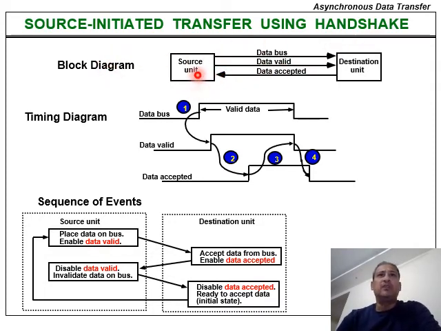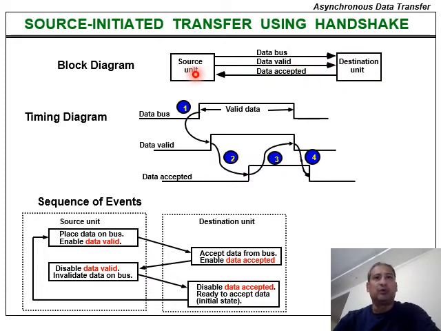You can see we have the source unit and the destination unit. The data bus is still traveling from the source unit to the destination unit. Now, instead of the strobe, we have a data valid signal coming from the source unit to the destination unit. In addition, we have a specific signal, a data accepted signal, going from the destination unit to the source unit.